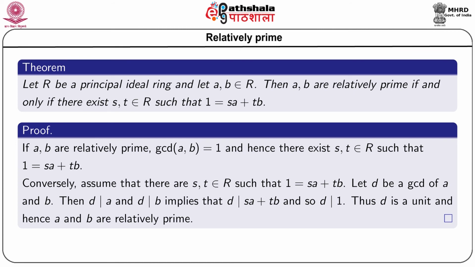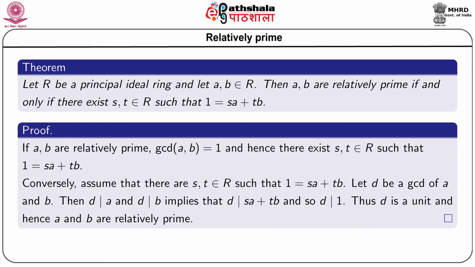Now, for the converse, assume that we have some s and t in R such that 1 is equal to sa plus tb. We show that every other GCD of a, b is a unit.